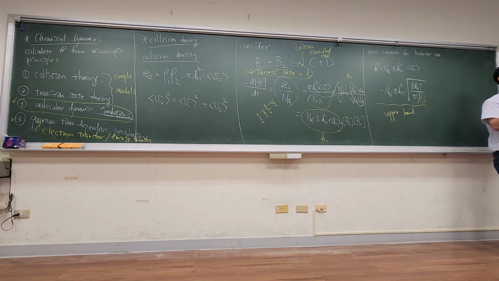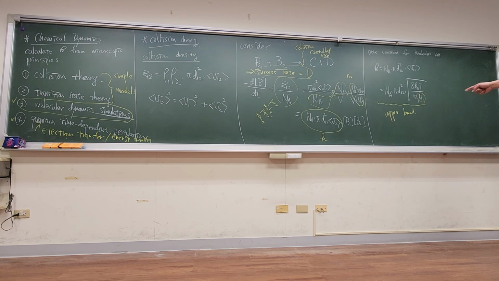And very often it is higher by like 3 orders of magnitude. Because depending on the shape of the molecule and the activation energy, very often only one reaction succeeds in like 1,000 collisions or even a million collisions or even more. Okay?